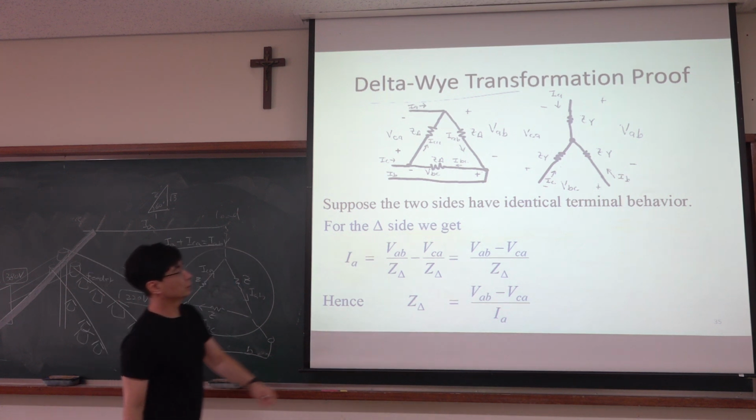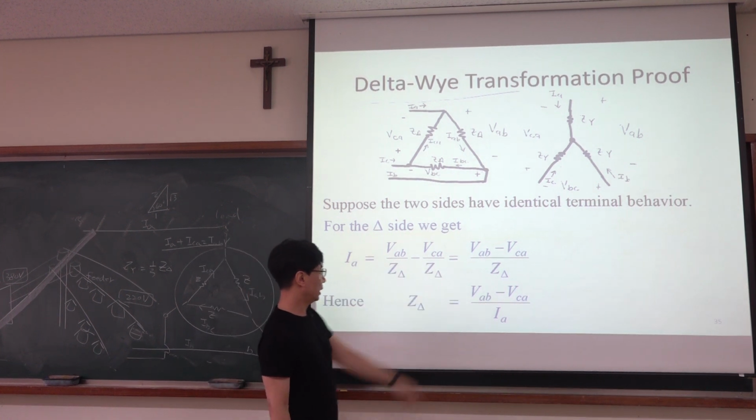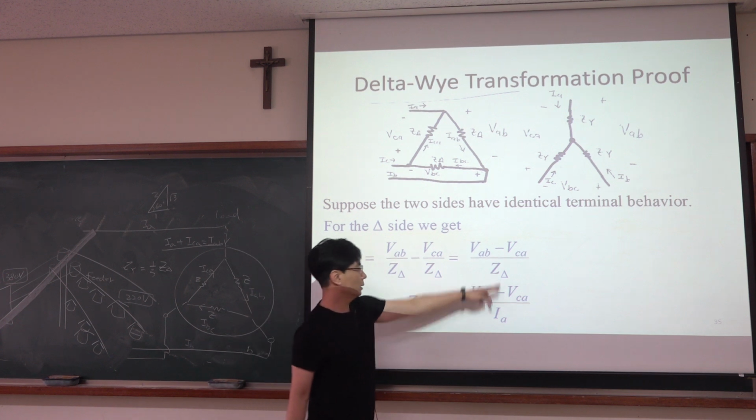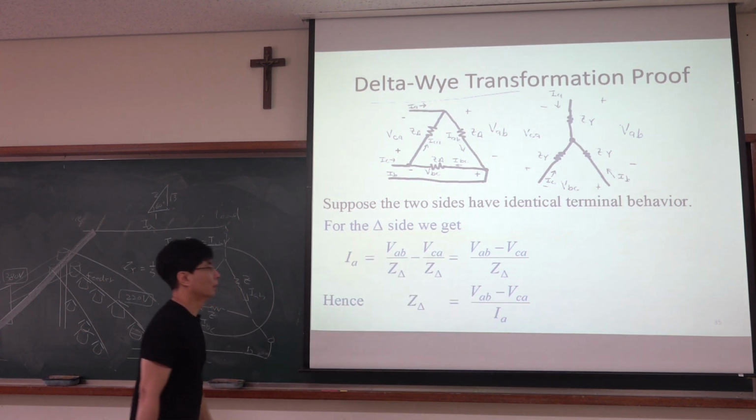So VAB minus VCA is that, and hence Z delta is VAB over that.